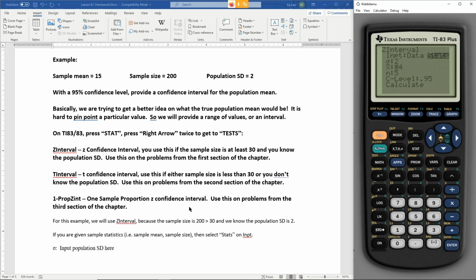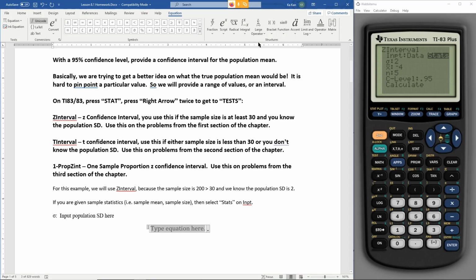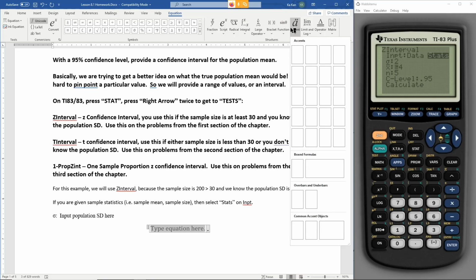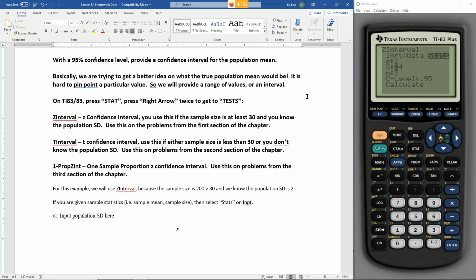So what is the next one? The next one is x bar. What is x bar? x bar is the sample mean.